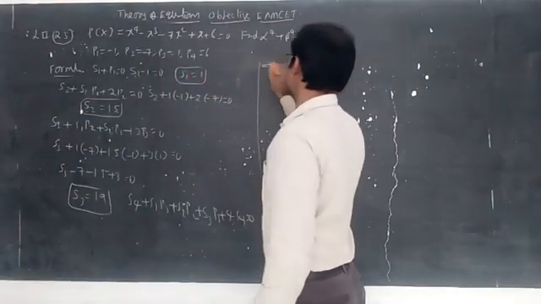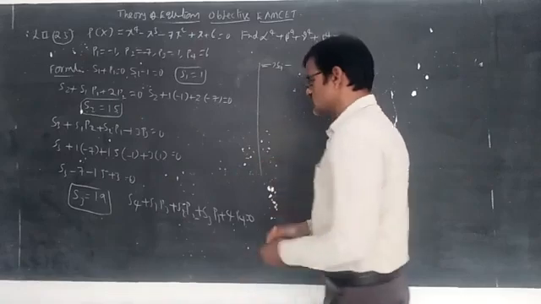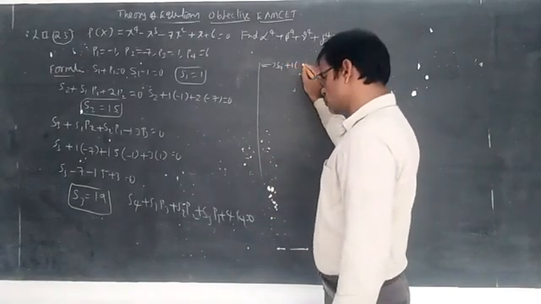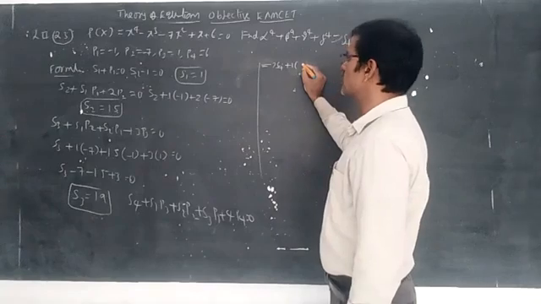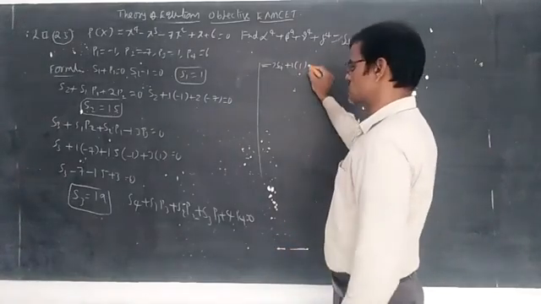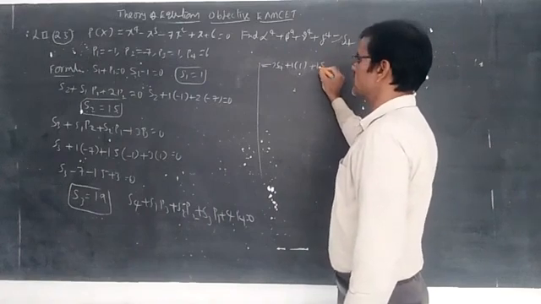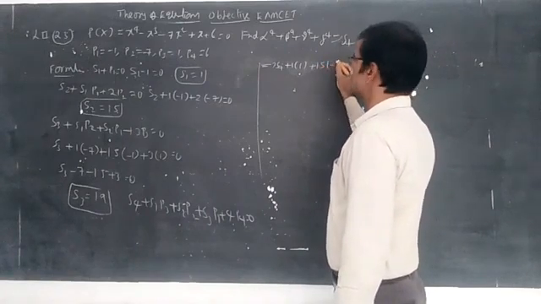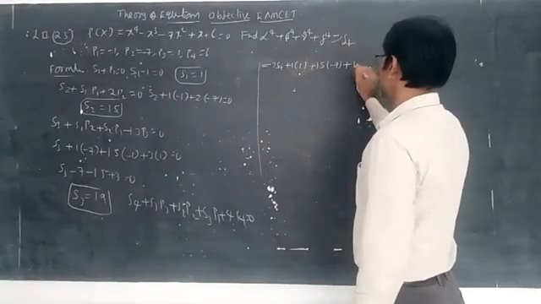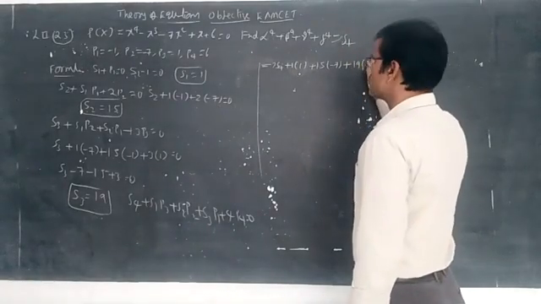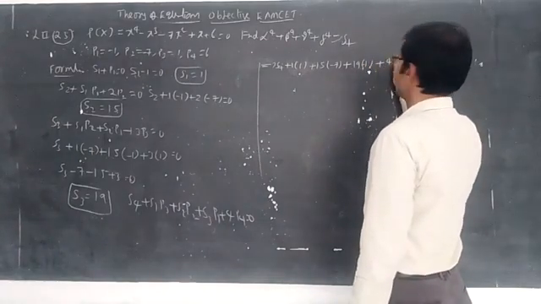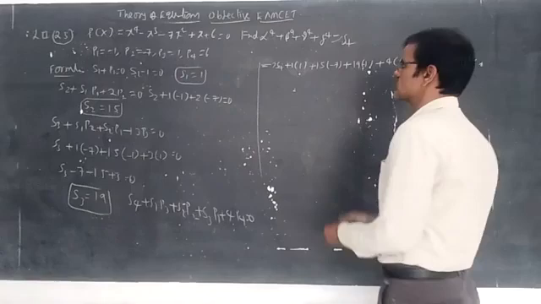That implies S4 plus the value of S1 is 1 into P3, P3 means already we have written 1, plus S2, S2 means 15 into P2 meaning minus 7, plus S3, S3 we got 19 into P1, P1 means minus 1, plus 4 P4, 4 into 6, is equal to 0.